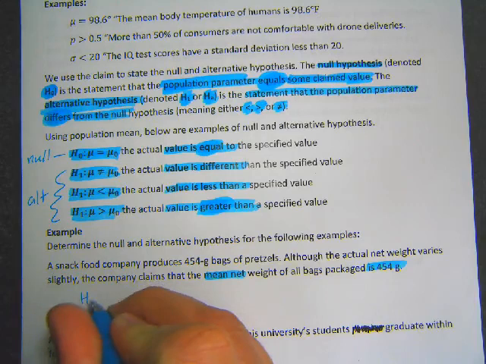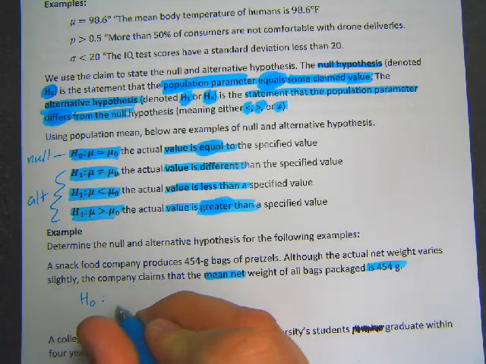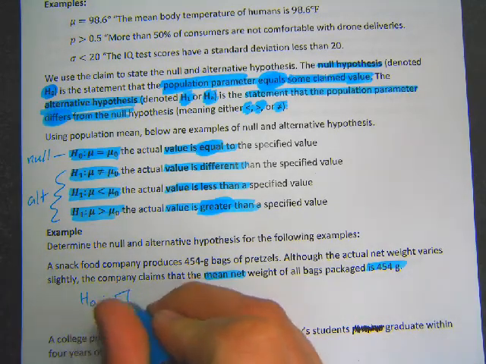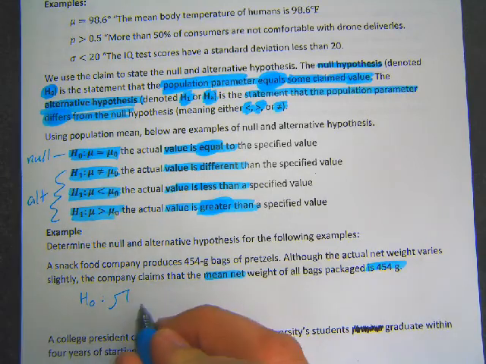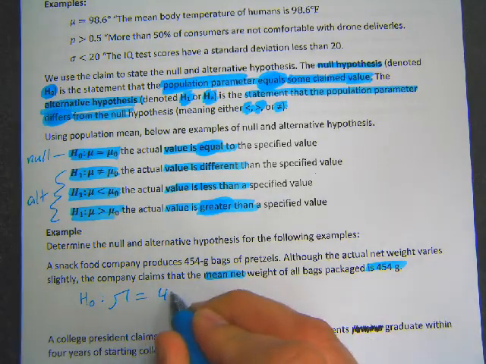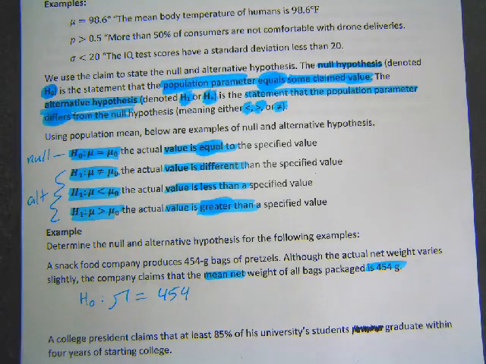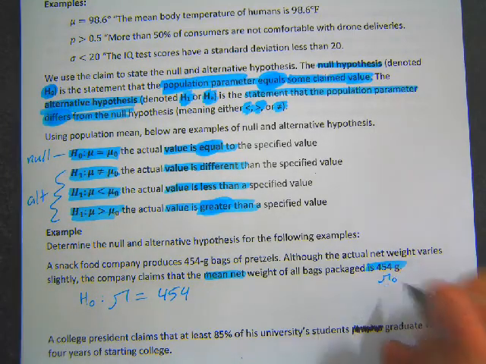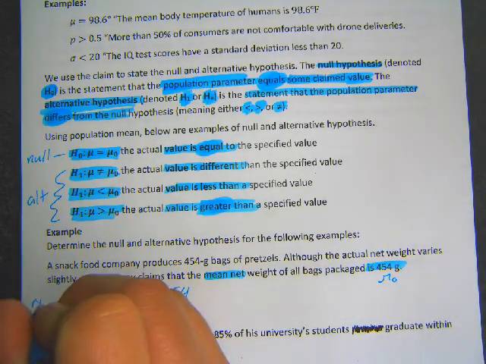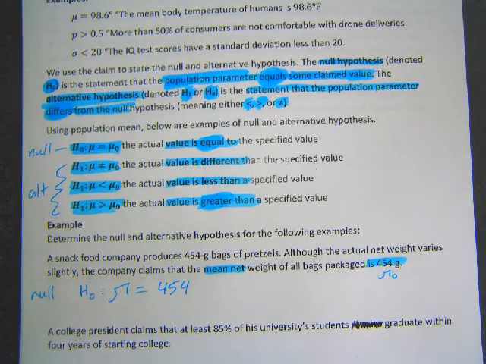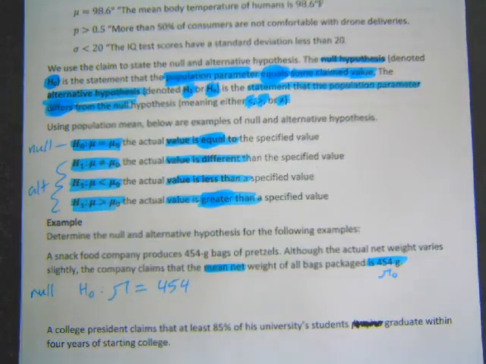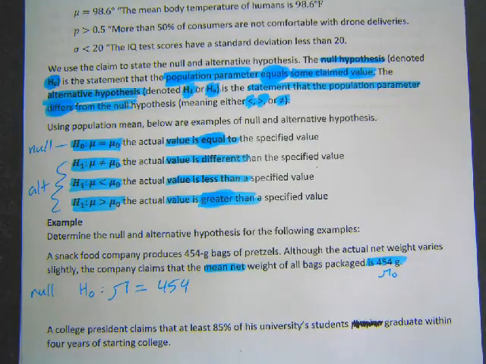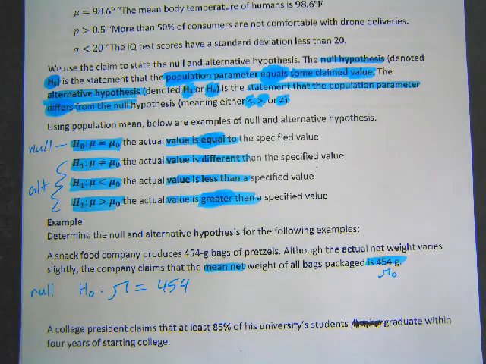So our null hypothesis would be that the average weight, so the mean weight of all the bags, is equal to their 454 grams. That's their claimed value. That'd be the null, H0. Again, this is the null hypothesis. So the null hypothesis is that it's accurate. It's right. It is equal to 454 grams in this case.